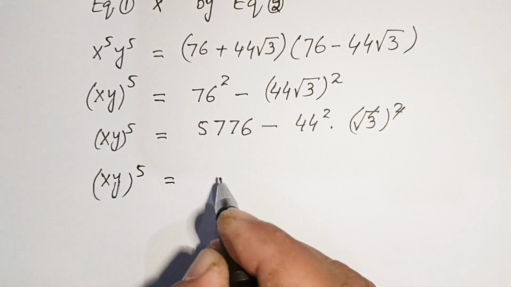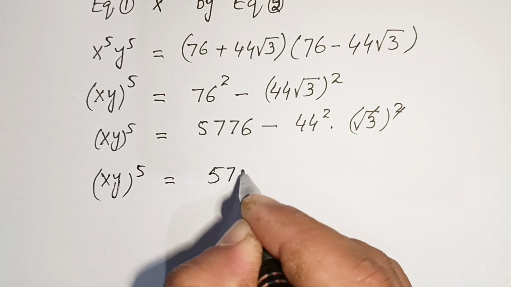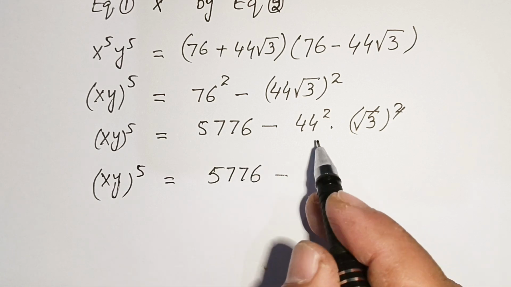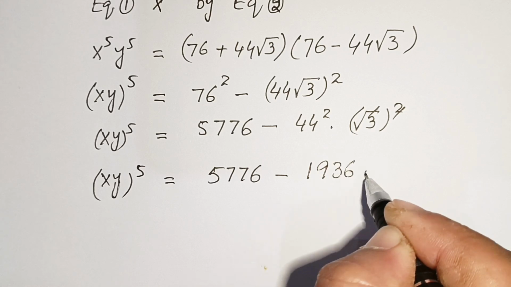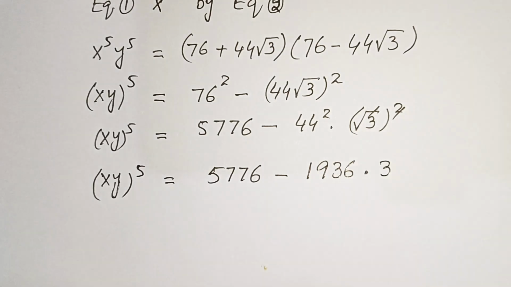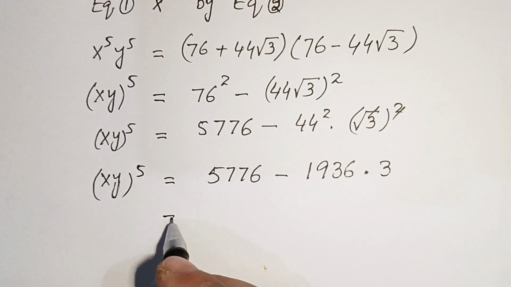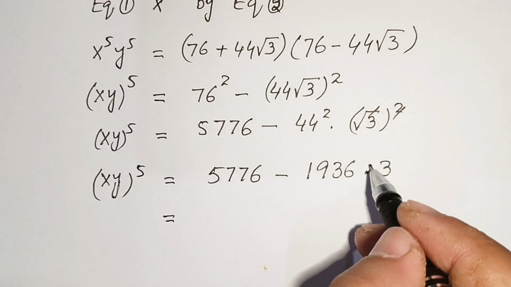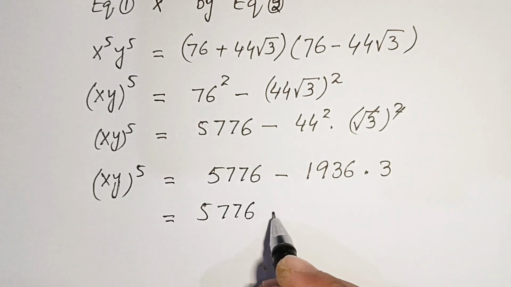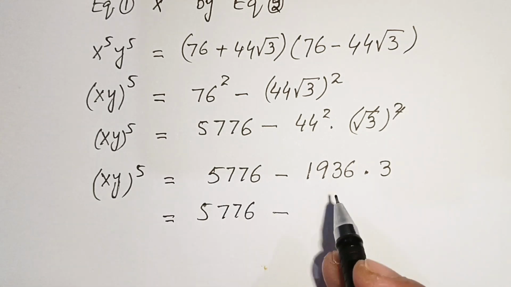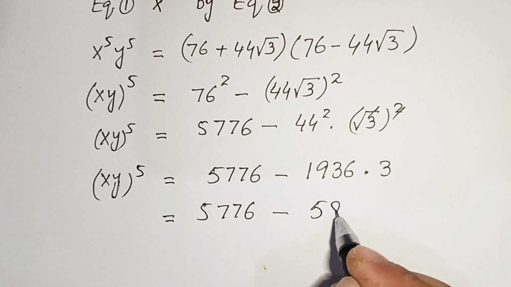Then we get x times y whole to the power 5 is equal to 5776 minus 44 squared, which will be 1936, and here we get times 3. Now, when we multiply this one, we get 5808.